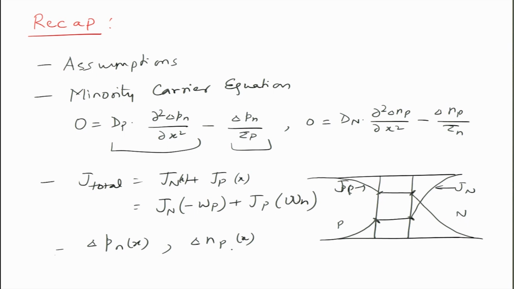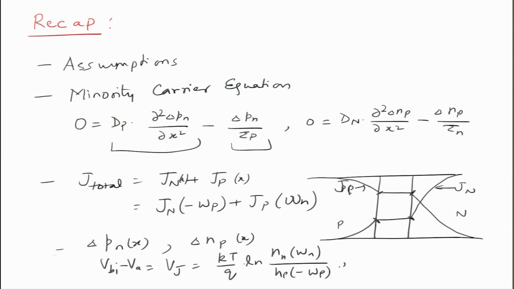Finally, we calculated the junction potential. The junction potential Vj was equal to kT by q, which is equal to Vbi. So, in equilibrium it will be equal to Vbi, in non-equilibrium condition it will be equal to Vbi minus Va, and this is equal to kT ln of Nn at Wn, which is the majority carrier concentration, divided by Np at minus Wp.